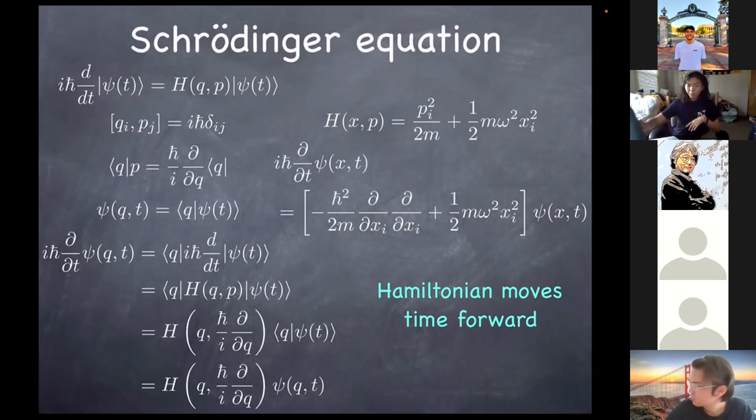But i h bar delta ij is a number, so it is the same no matter what unitary transformation you perform on the operators Q and P. That's how it is always guaranteed that the canonical commutation relation stays the same no matter what choice you make in describing a system. Does that answer your question? Yes, thank you. Okay, good.